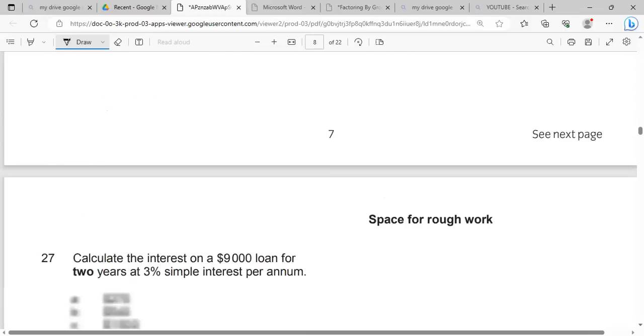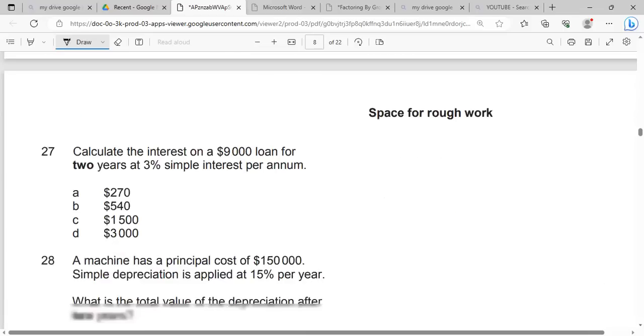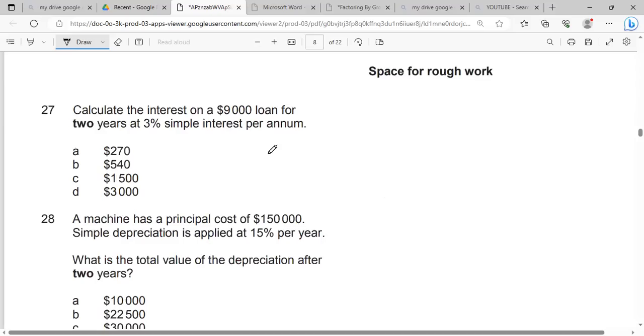All right, calculate the simple interest on $9,000 for 2 years at 3% per annum. Now, simple interest is equal to the principal times rate times time over 100.